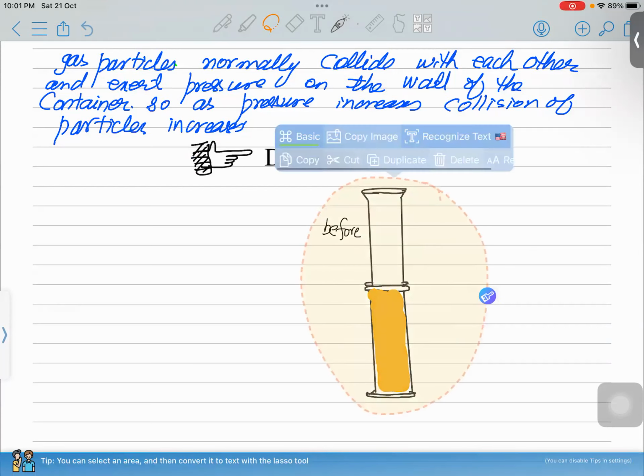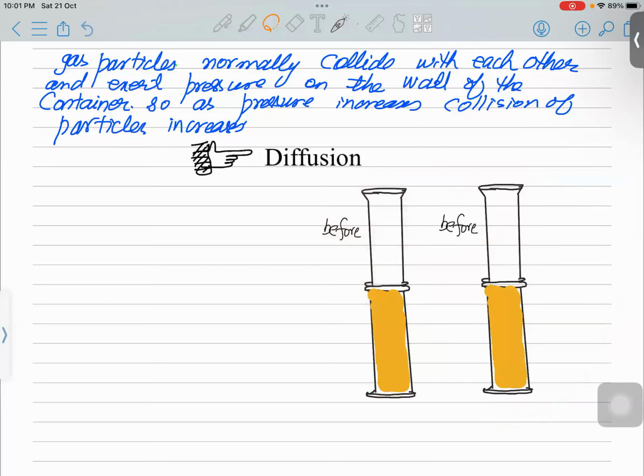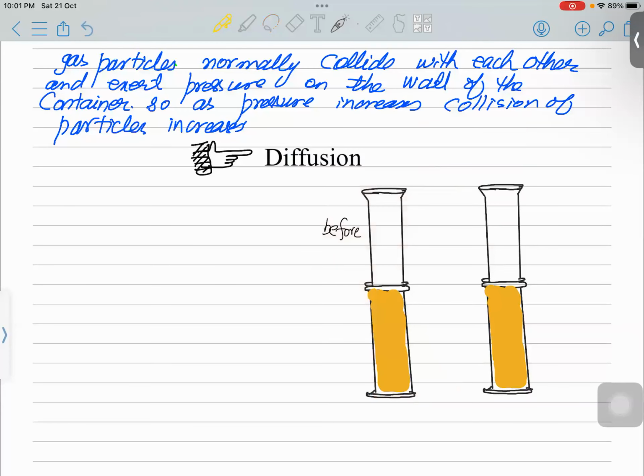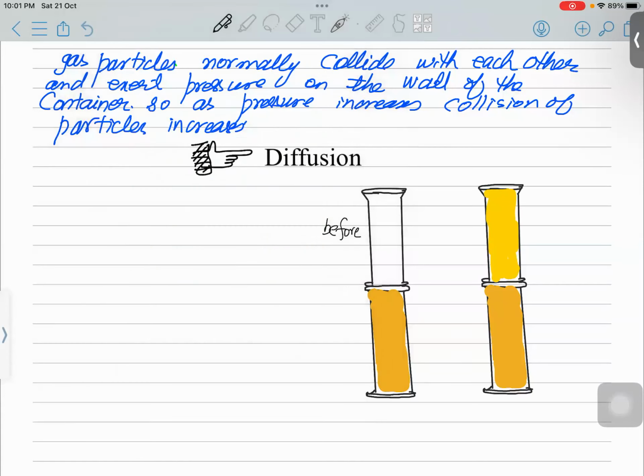But after a few seconds, now this is spread. Now this color is spread. This is called diffusion. Are you getting my point or not? Yes, sir.